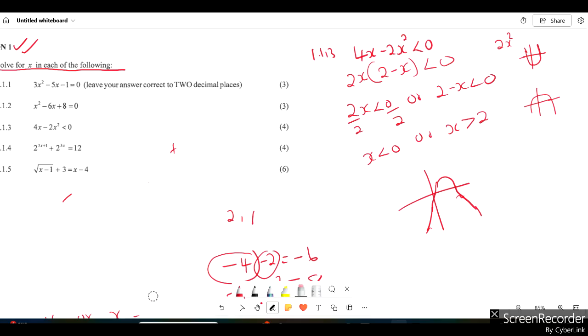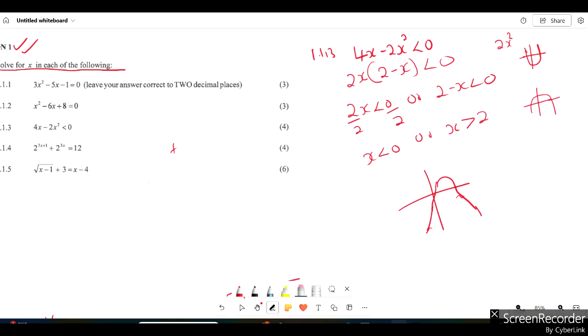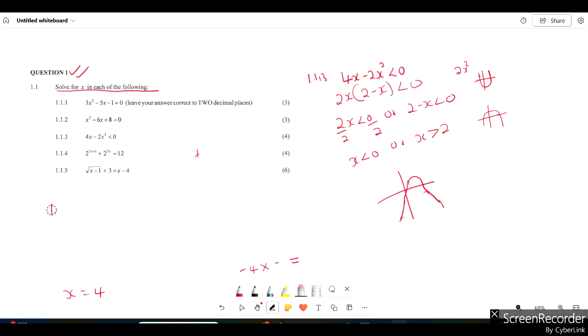Let me quickly rub this side so that we can continue. I'll increase it a bit so that you can see.